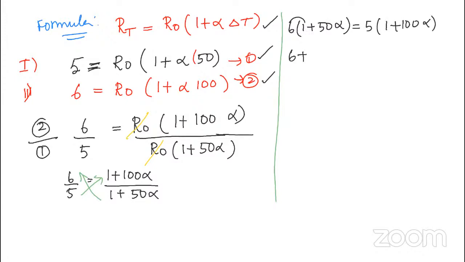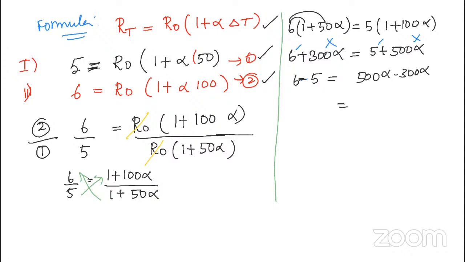It is 6, it is 300 alpha. So 6 plus 300 alpha is equal to 5 plus 500 alpha. Bring the numbers to one side and the alphas to the other side. So 6 minus 5 is equal to 500 alpha minus 300 alpha. So this becomes 1 equals 200 alpha. So the alpha value is 1 by 200.